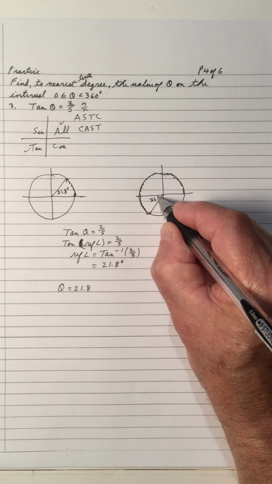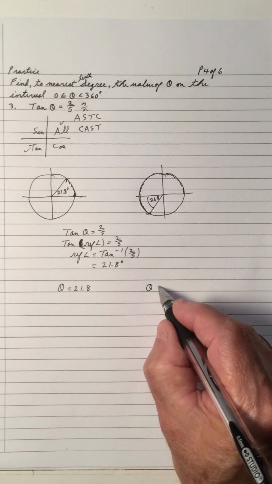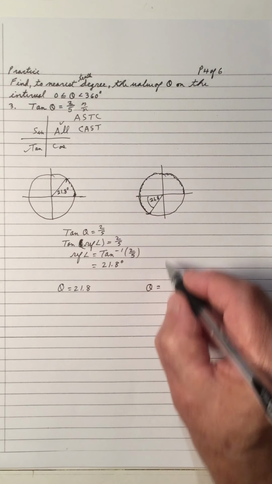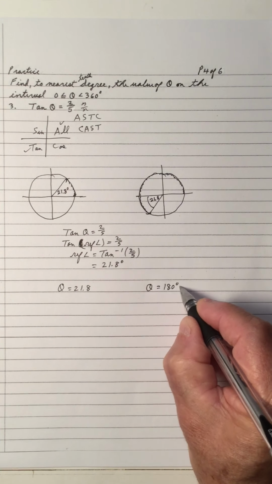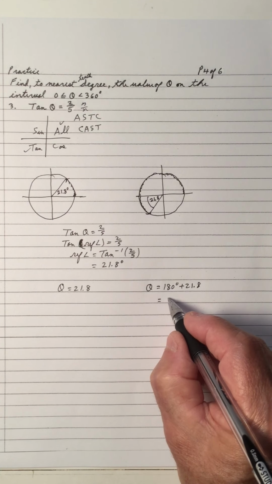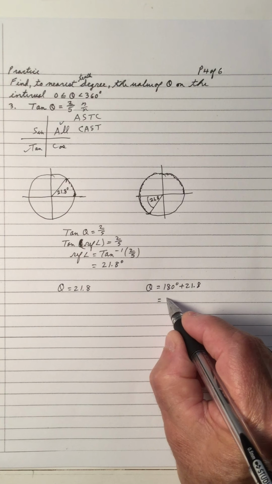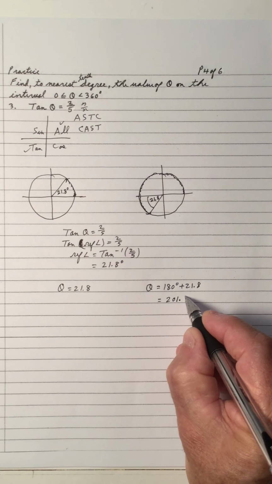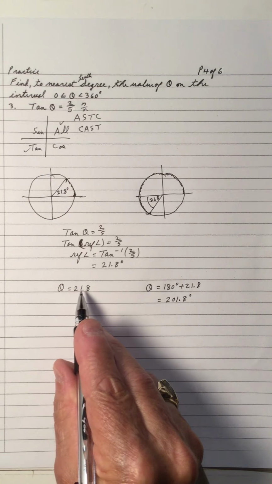So in quadrant 3, it's 180 plus that. So it's 180 plus 21.8, and that gives us 201.8. So those are the two answers.